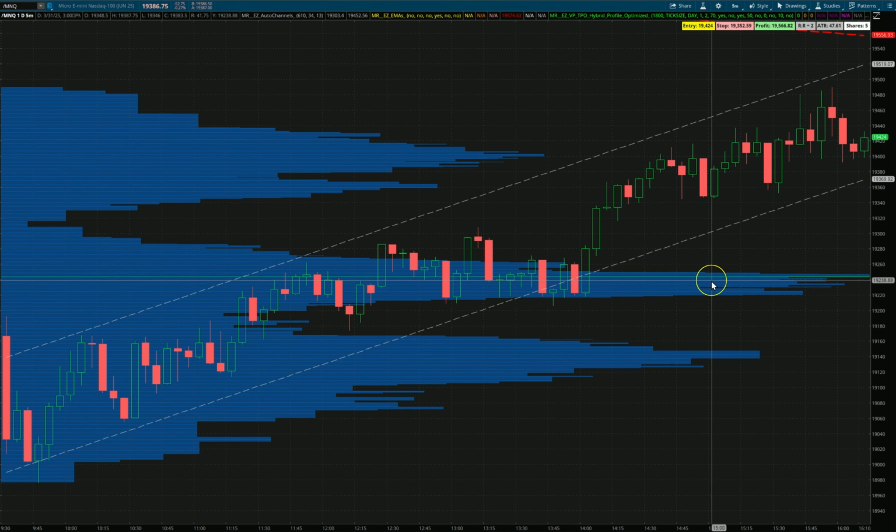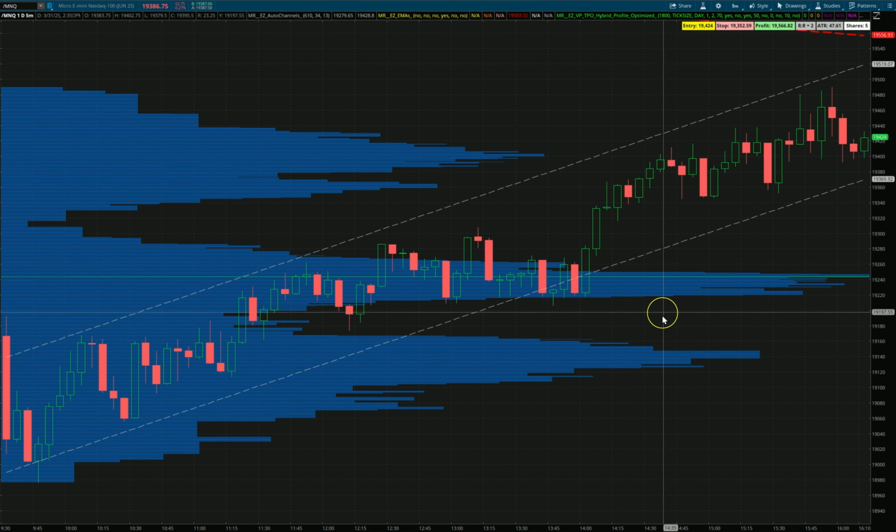Or the point of control moves, because maybe up here all of a sudden becomes the most volume on the chart. Then you'd have the point of control moving up to that point. Where the point of control might have been is down here with this area of high volume, until this area of high volume exceeded it, and then the point of control moved up.